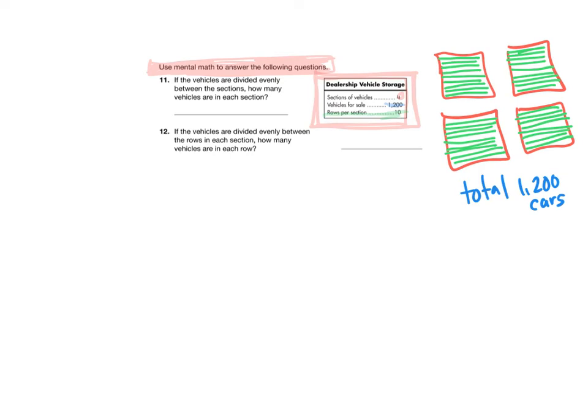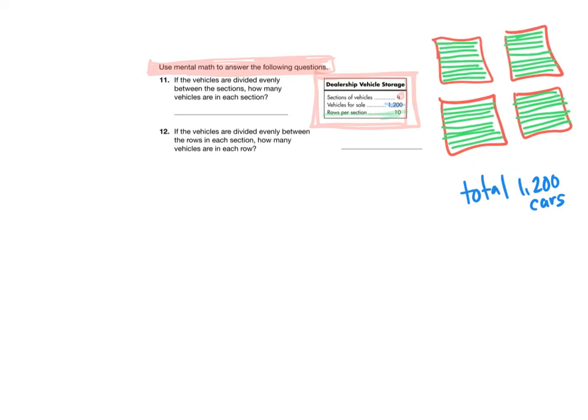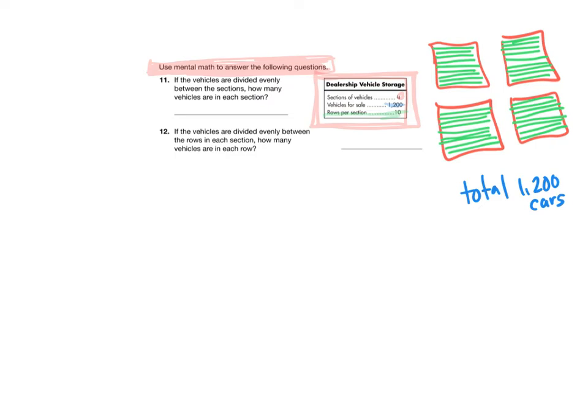If the vehicles are divided evenly between the sections, how many vehicles are in each section? So if I understand this correctly, you're taking your 1,200 cars. Now, how many groups do we need to divide this into? This is where I have to puzzle this out.